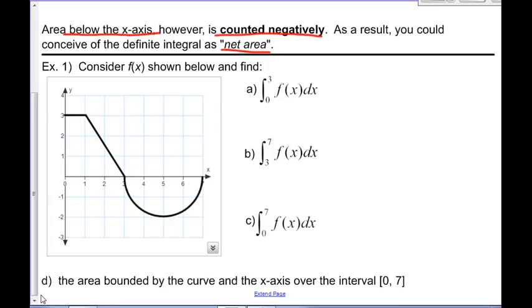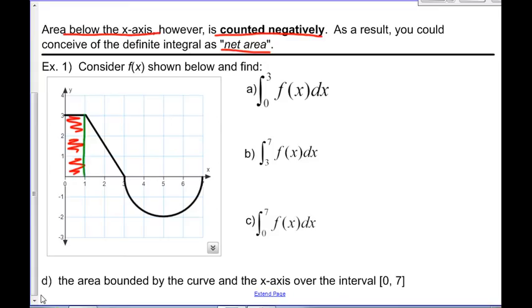So if we look at this function down here, we want to find the definite integral from 0 to 3. Well, I'm really just wondering how many blocks there are. Here's one full one, two full ones, three full ones. Oh, and now I've got a triangle.